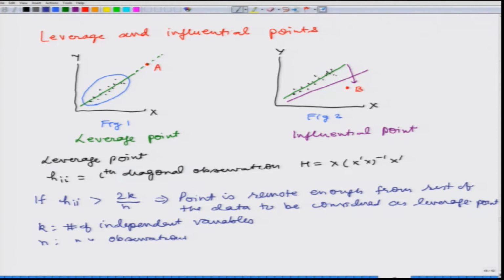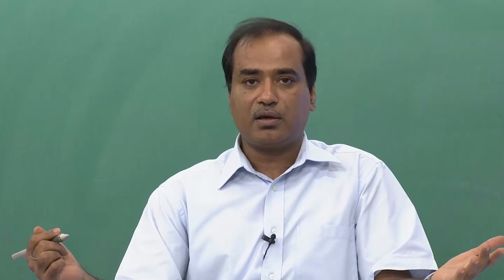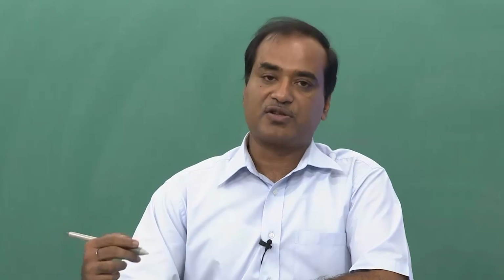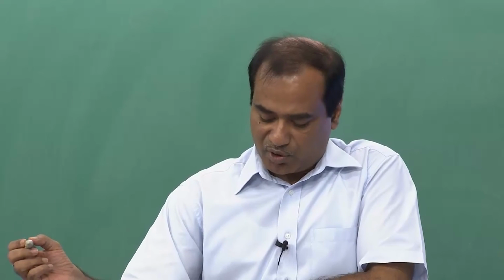So, now what we have to do? We have to compute this h_ii for all the observations, and then simply compare it with 2k upon n, and based on whether this inequality holds or not, I can decide whether a particular point is a leverage point or not.